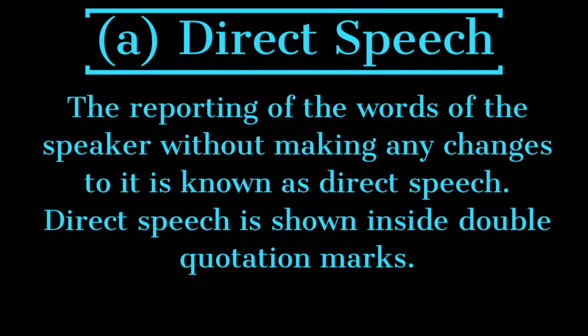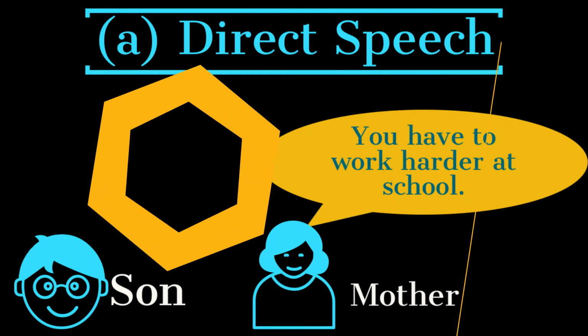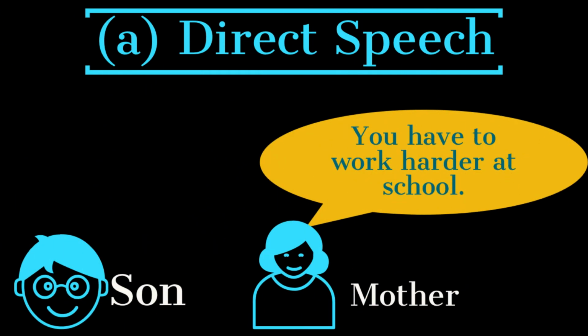What is direct speech? The reporting of the words of the speaker without making any changes to it is known as direct speech. So, direct speech is shown inside double quotation marks. Look into this example. Here is a son and the mother is saying to the son, "You have to work harder at school."